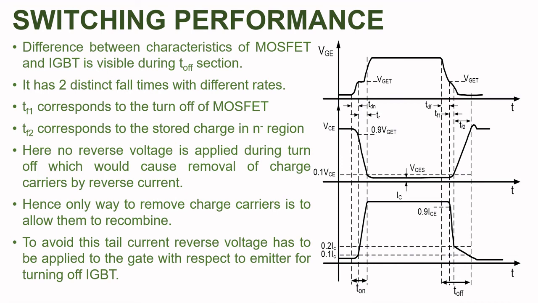The fall time TF1 corresponds to the turn-off of MOSFET, whereas the fall time TF2 corresponds to the stored charge in the N- region. This stored charge is similar to that of the stored charge available in the inner regions of the SCR or the inner layers of PNP structure during the turn-off of SCR.